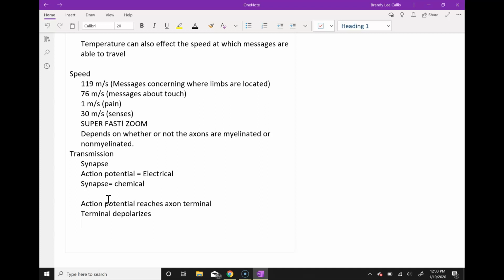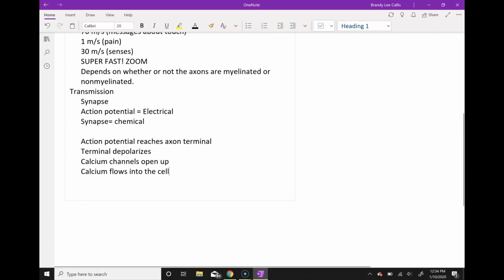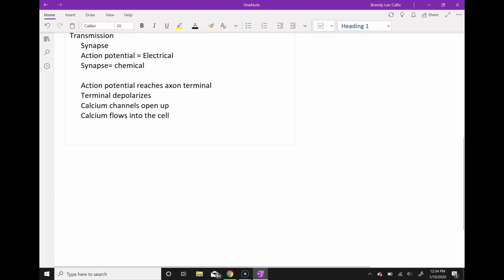When the terminal depolarizes, we talked about the sodium channels opening up, but also calcium channels open up, and calcium flows into the cell.